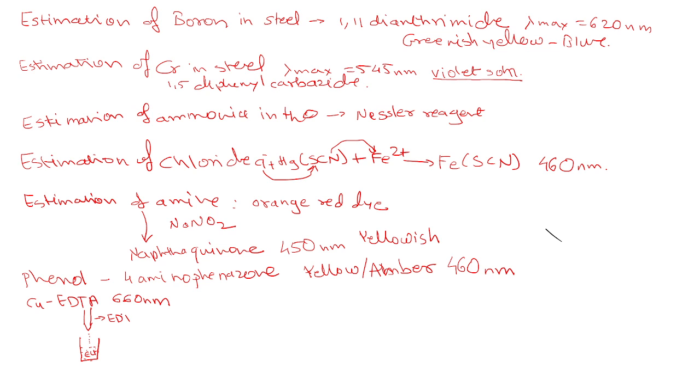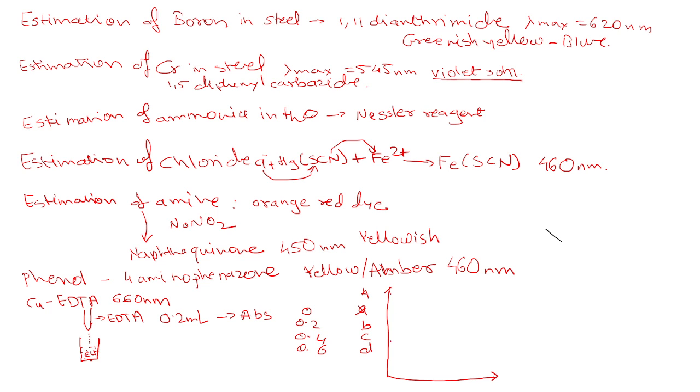For addition of every 0.2 ml you have to measure the absorbance, means 0, 0.2, 0.4, 0.6 like that, and go on measuring absorbance. So this graph you have to go on plotting after the addition.